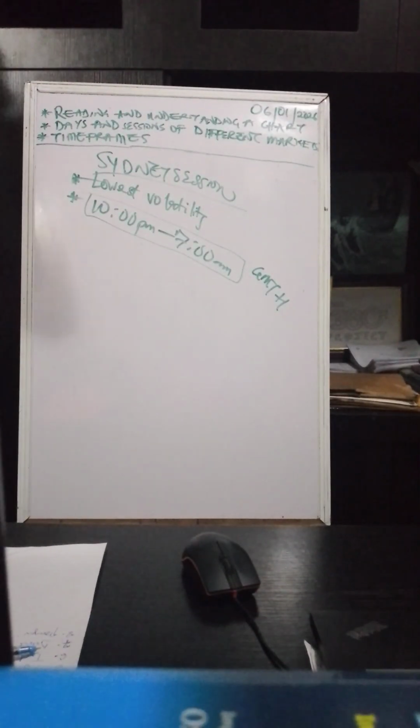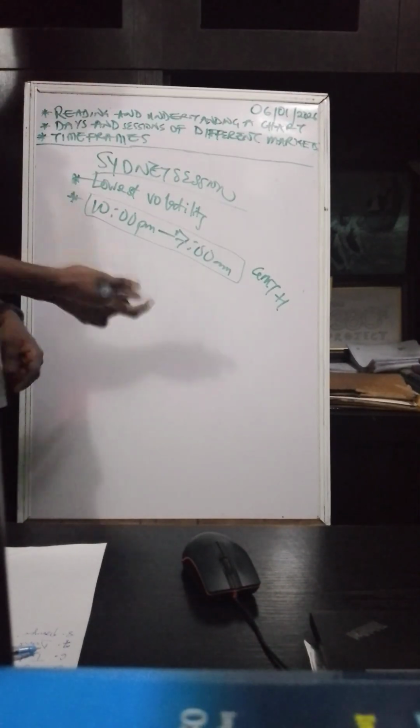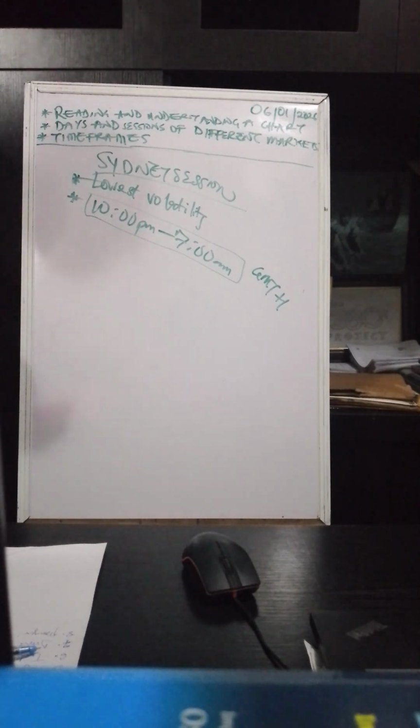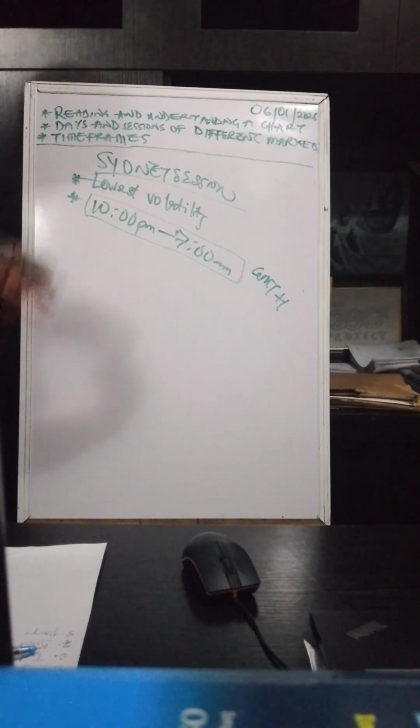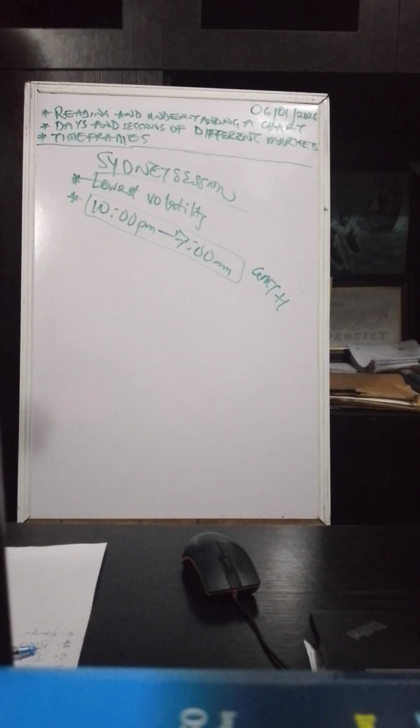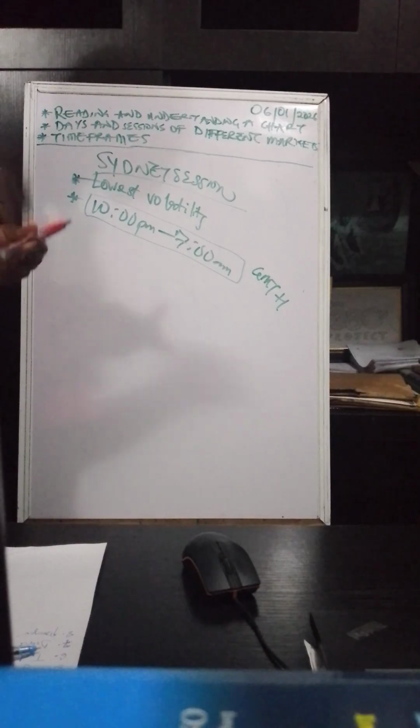But this is where the lowest volatility is, and this is when all the money in those economies is moving. And it's usually the start of the week, so at the start of the week, things will be a little bit slow. But when you enter into different hours and different time zones, that's when you say, okay, we're trading now.